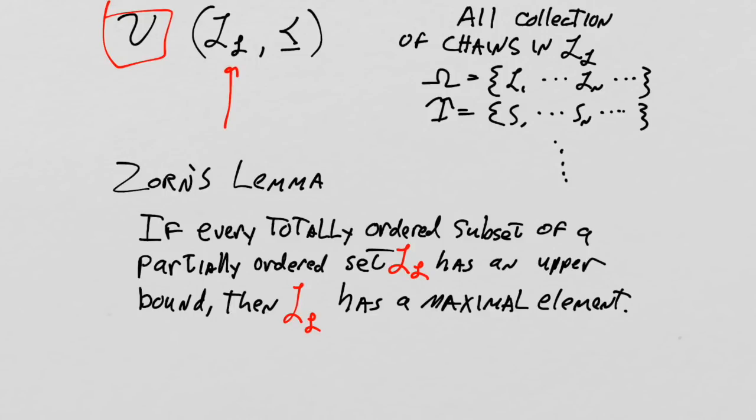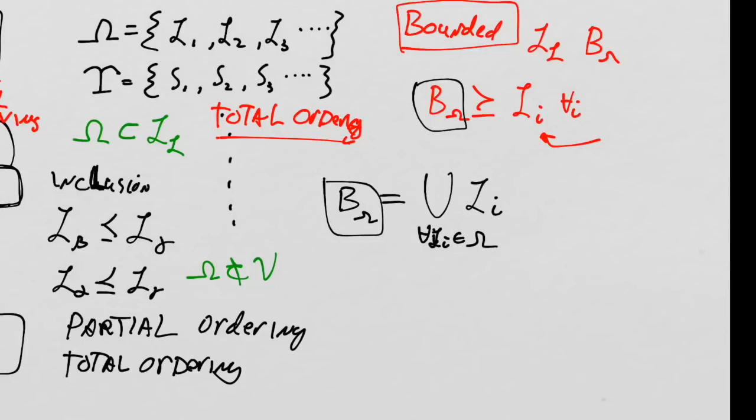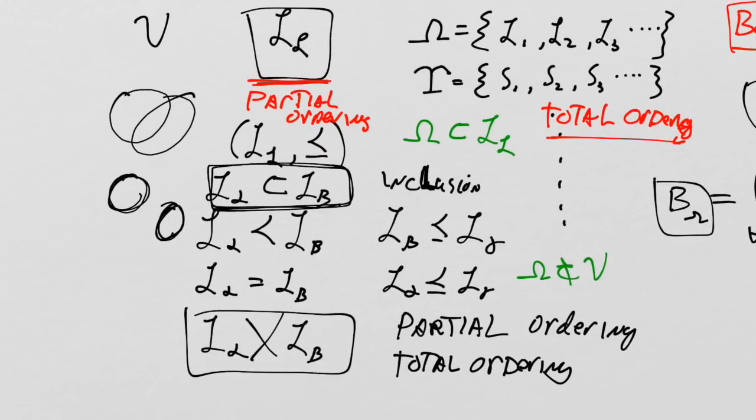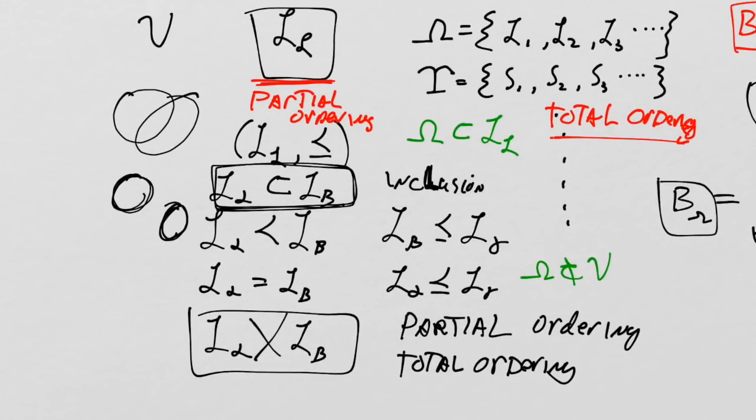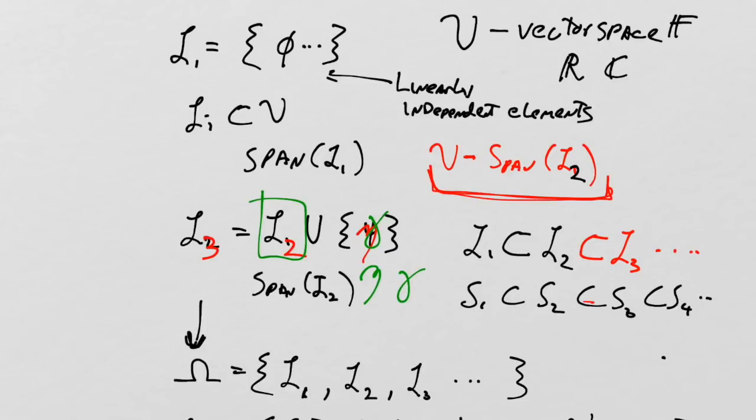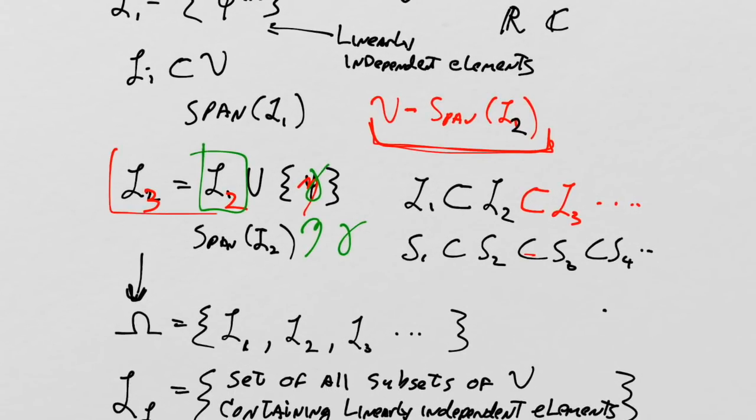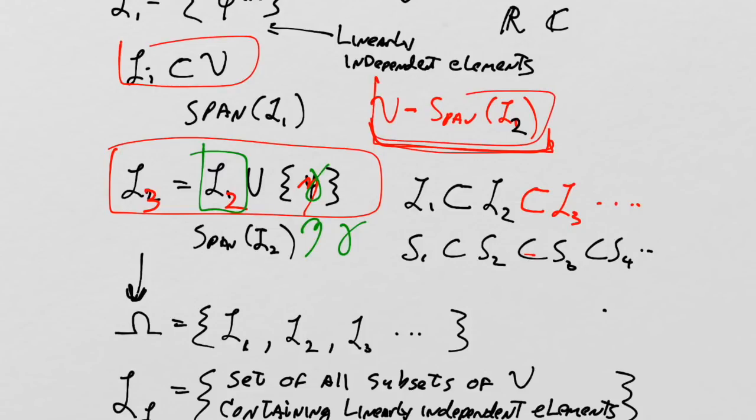If every totally ordered subset, right? So that is what these guys are. These guys are every totally ordered subset. They were constructed out of these chains. Where did I do the chains? Out of these chains here, right? When we built these chains back here, where I checked the span and added another element, created the next one, and created these chains, right?